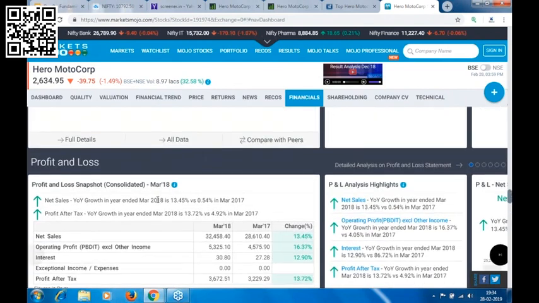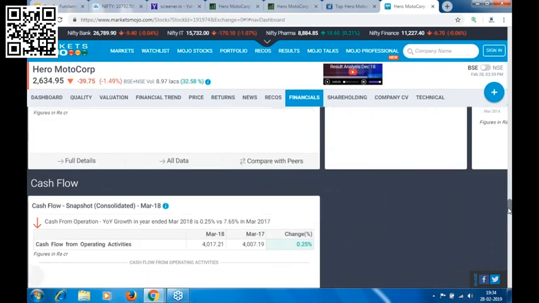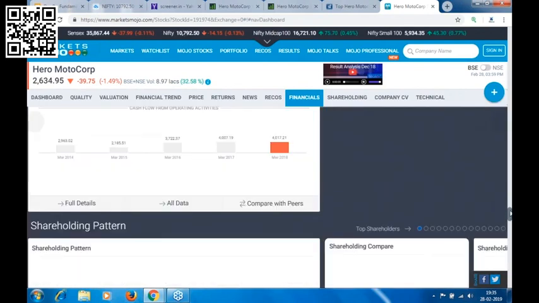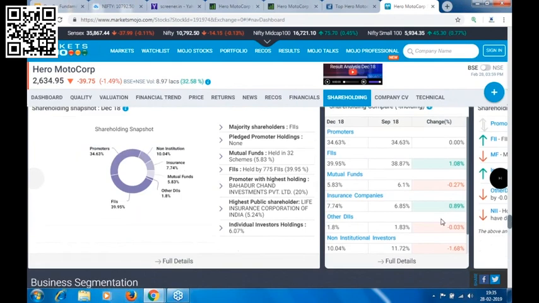Profit and loss statement, you can look at the profit and loss consolidated. What is the net sales, whether the net sales have gone up or the net sales have gone down. Cash flow statement, you can see. Shareholding pattern, you can see over here 34.63% is the promoters holding, 39.95% is FII holding, and then mutual funds, other DIIs.